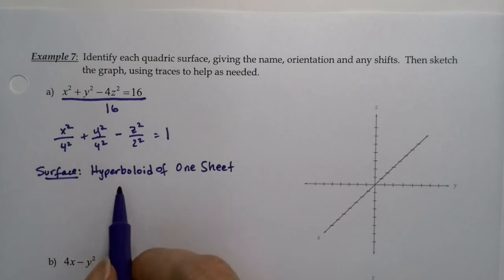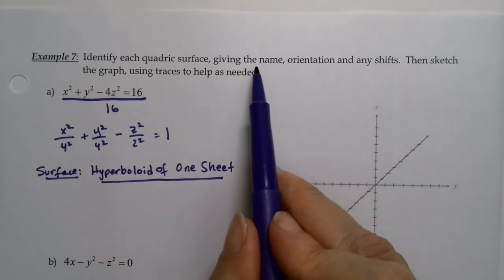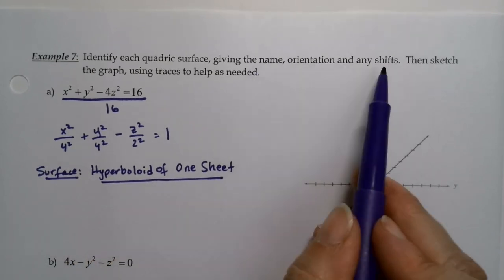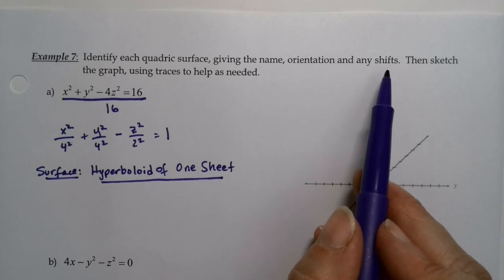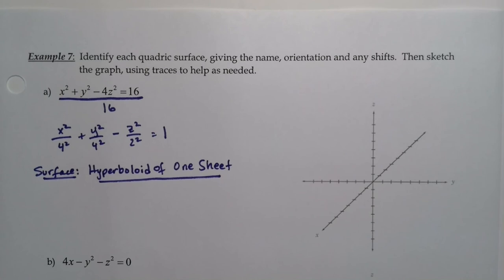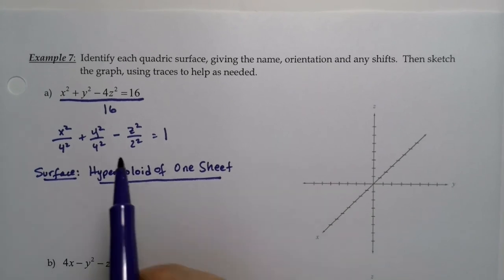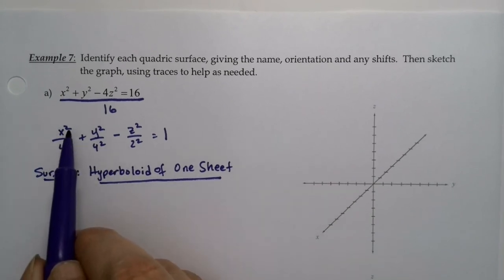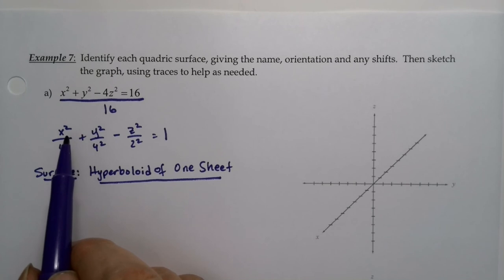Okay. Now, it also wants to know the name and the orientation and any shifts. Well, it wasn't really shifted any particular way. Shifting, of course, remember, happens when you have something like x minus 3 squared, and we don't have that here.